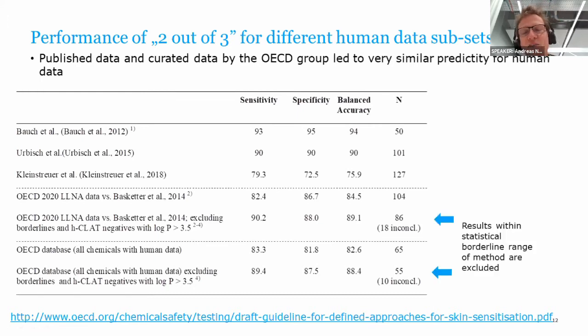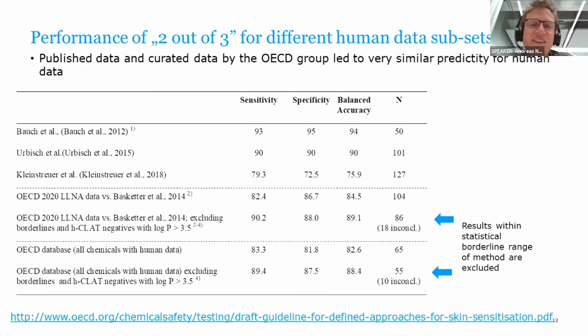And we did a further analysis where we looked at chemicals which are just in the borderline range, in the statistical borderline range of in vitro data. When we exclude those less certain chemicals, these are 18 chemicals, then the actual balanced accuracy goes up to around 90% again. And the OECD then also reviewed all the human data.